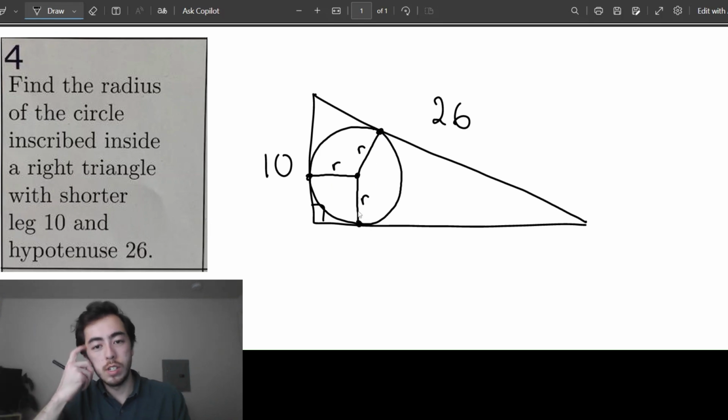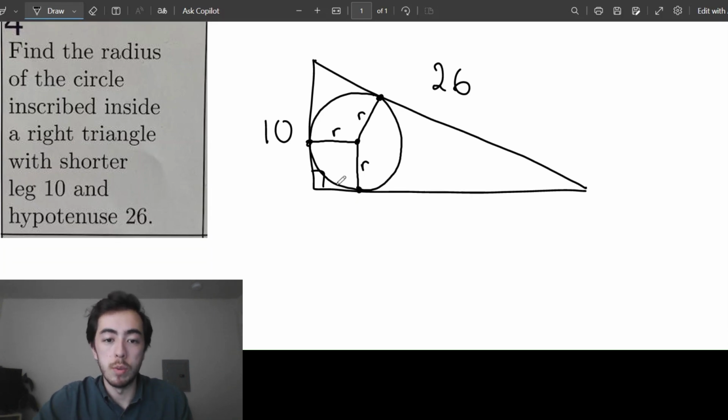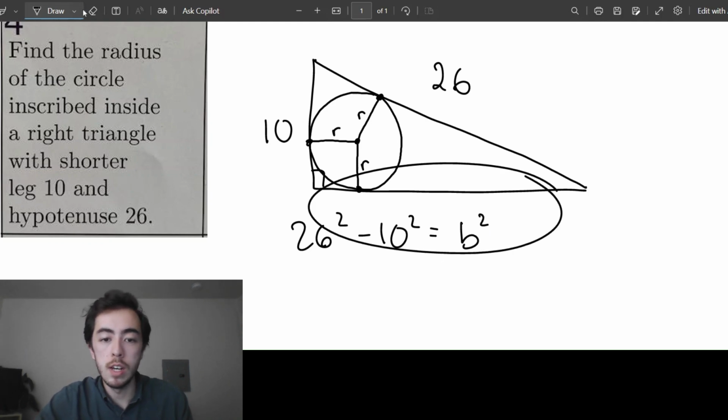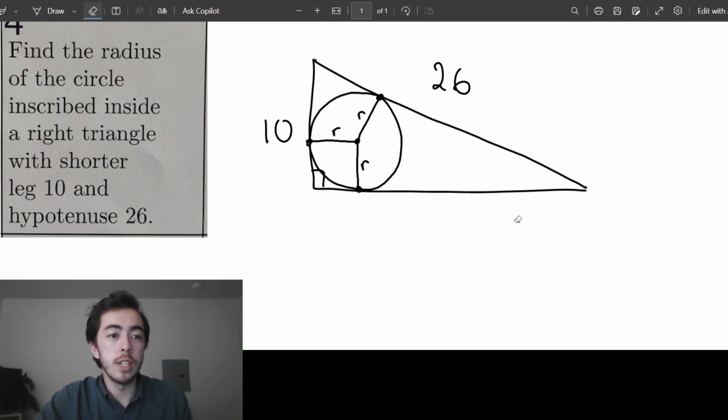So I think we should probably use the Pythagorean theorem first to find the missing side. We could do 26 squared minus 10 squared equals b squared to get this side. Though this one is proportional to a Pythagorean triple that I already know.